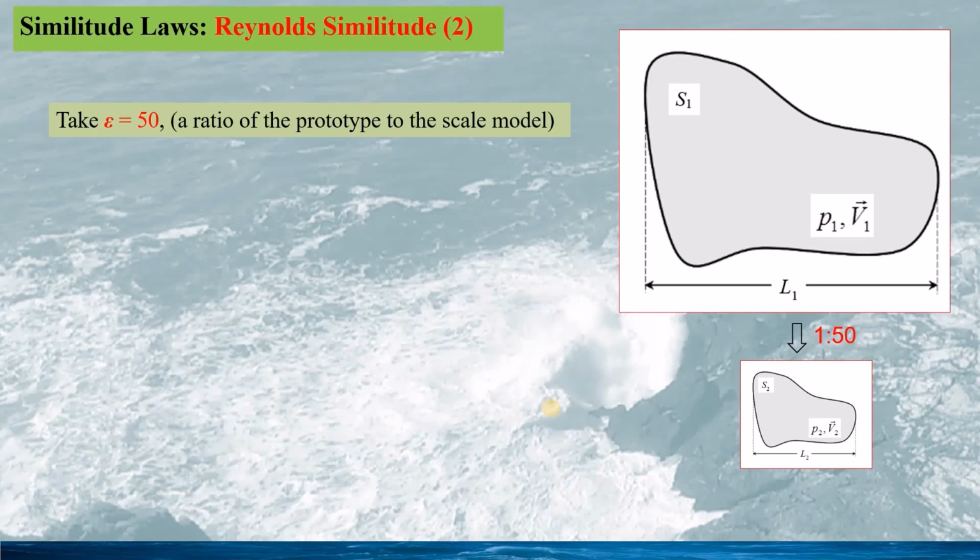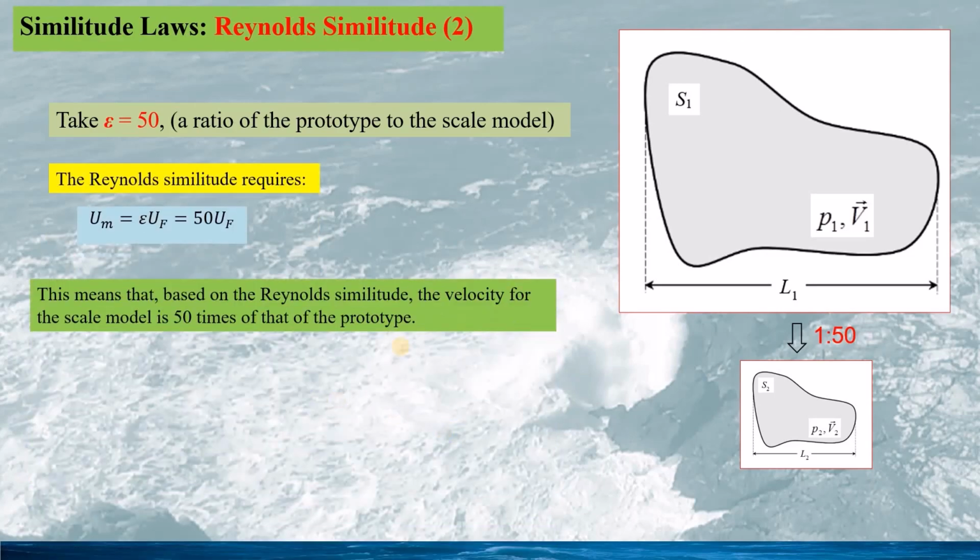Same as the previous example, take the scale factor epsilon as 50. Based on the Reynolds similitude, the velocity for the scale model is 50 times that of the full-scale ship.